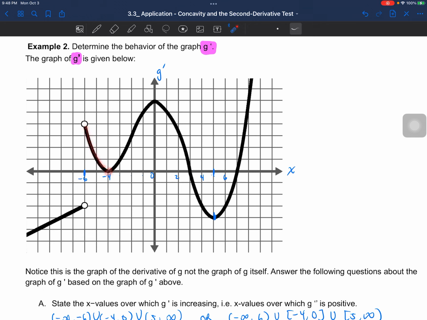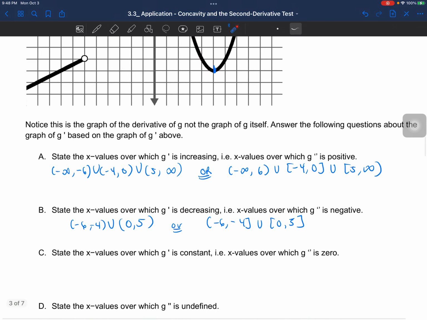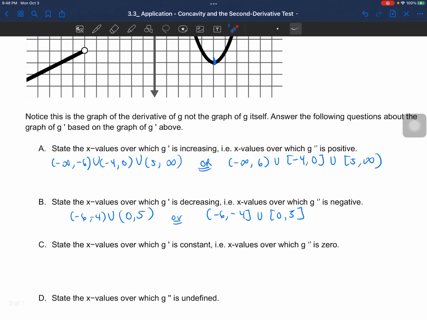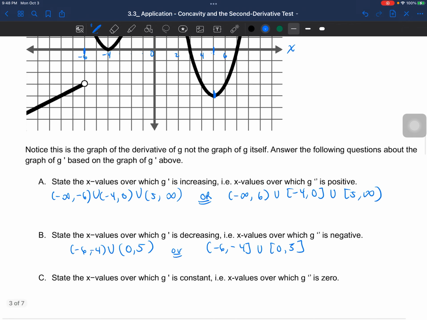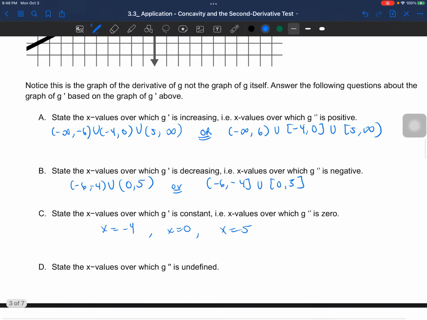This is decreasing, but at some point here it becomes constant, and then it's positive, and then constant, and then decreasing, and then constant. So we can say that this is going to happen at x equals negative 4, x equals 0, and x equals 5.